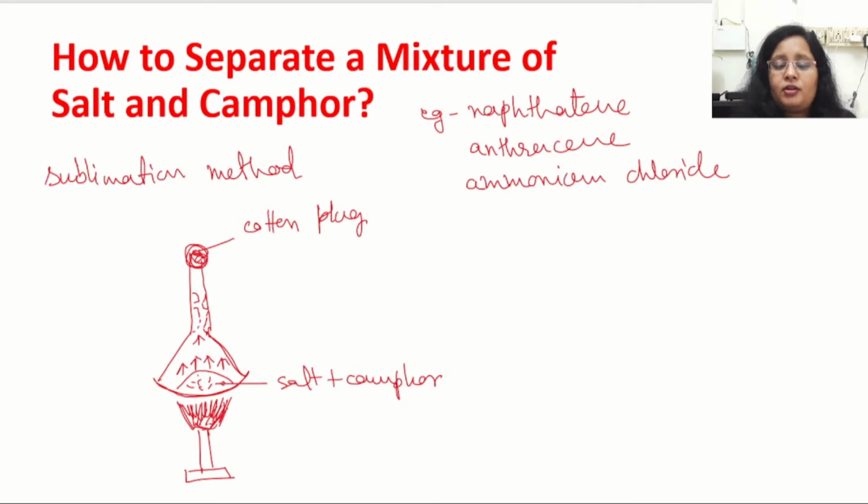So the camphor gases will go up and soon cool down and collect on the sides of the funnel like this. This is camphor in the pure form. After all the camphor changed into the gaseous form and collected on the sides of the funnel, only salt is left behind.